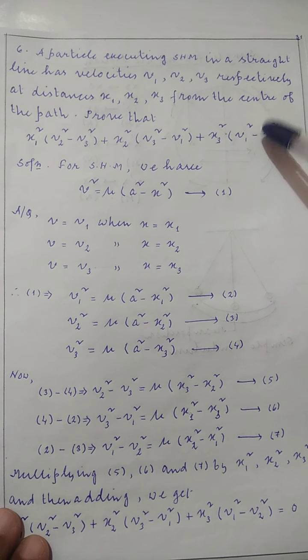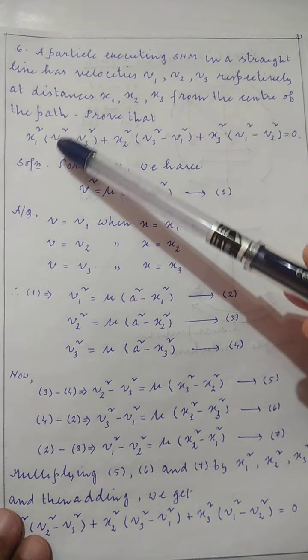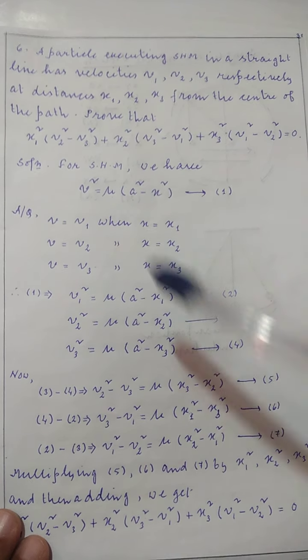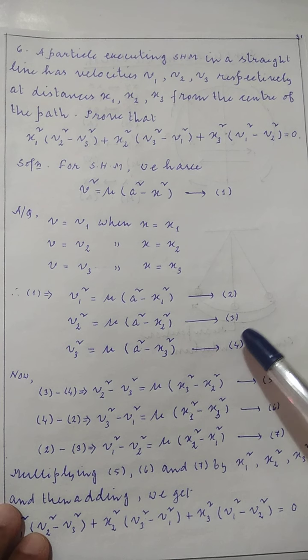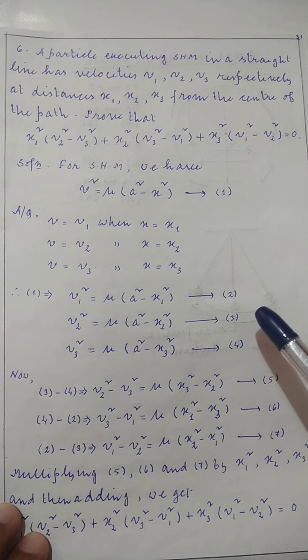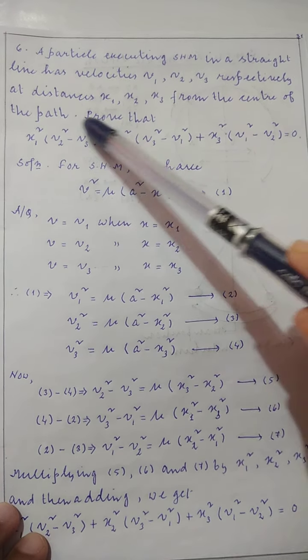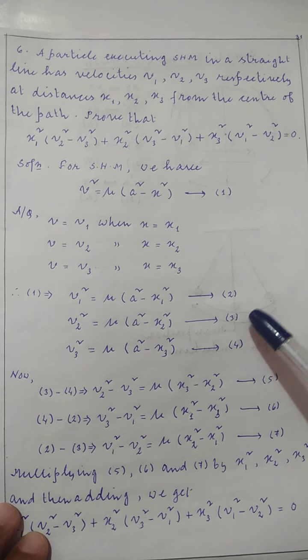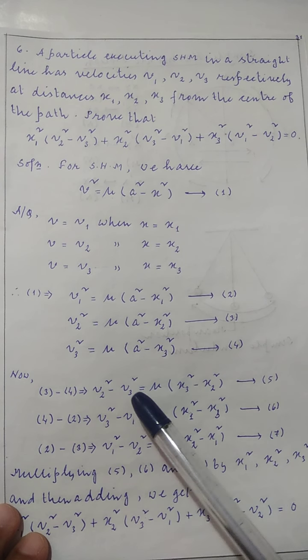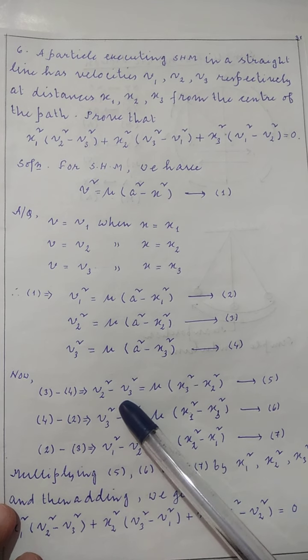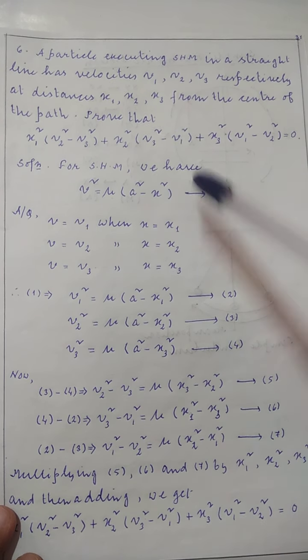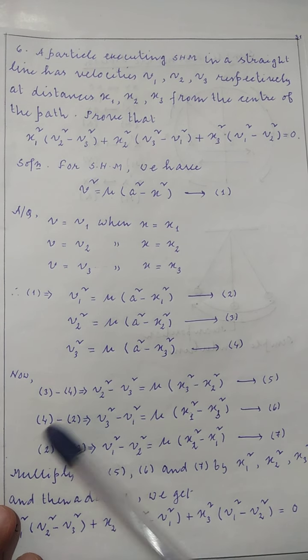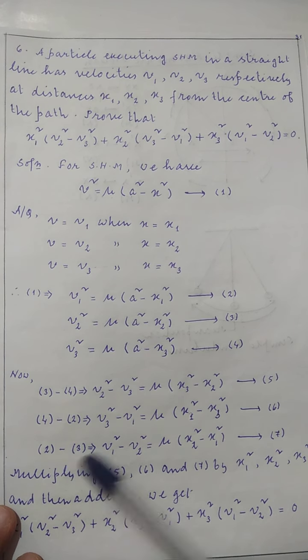Now in order to prove this result, see here nicely, we have v2 square minus v3 square, so you take the difference accordingly. It is 3 minus 4. If you do the subtraction, what will you get? v2 square minus v3 square is equal to mu into x3 square minus x1 square. In the same way, take the difference 4 minus 2 to get this, then 2 minus 3 to get this.